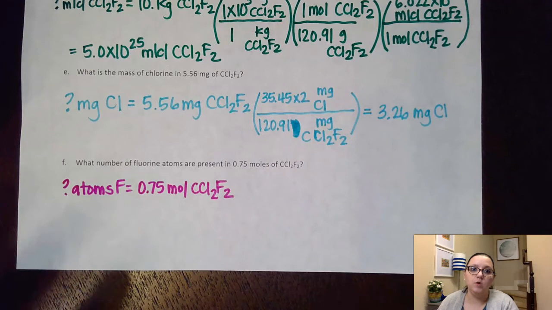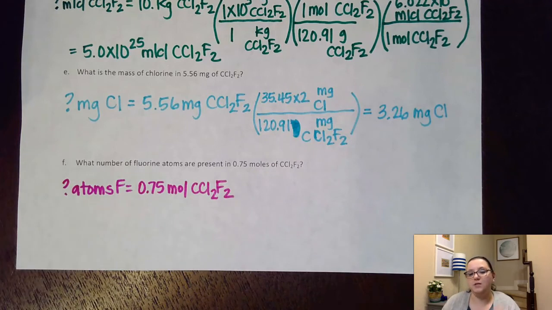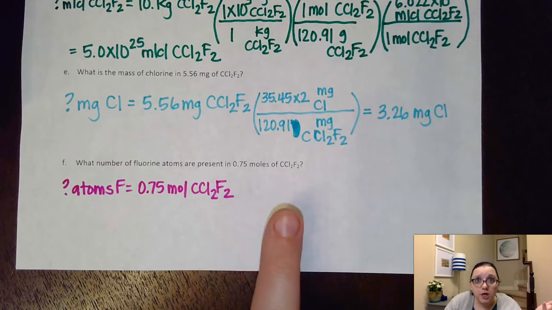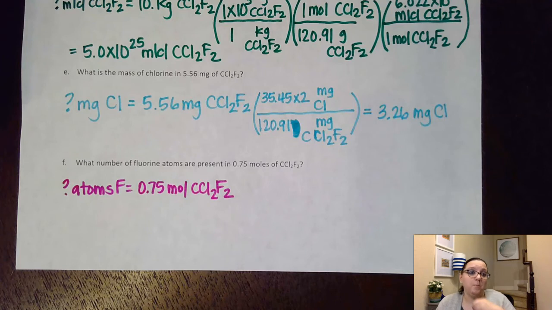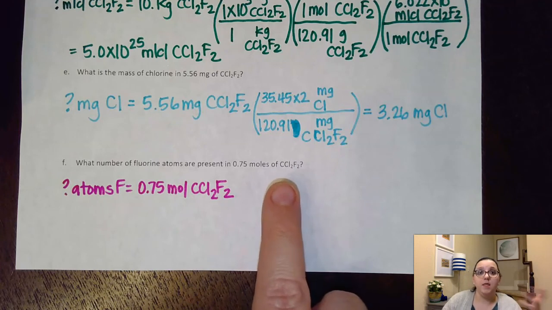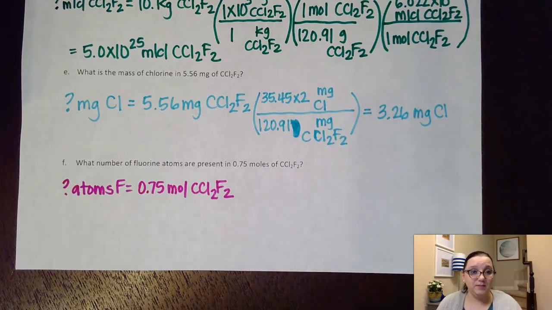So again, I see I'm going back and forth between the compound and an element inside of it. So that means I've got some options here. I could do a mole to mole ratio, and then I could do moles back into atoms, or I could do a moles to molecules ratio, and then do molecules to atoms inside.